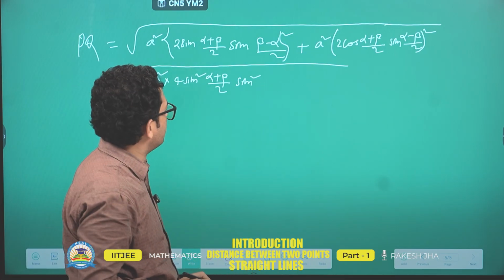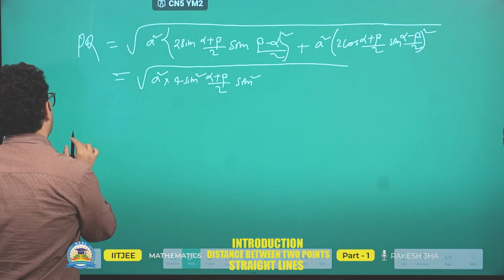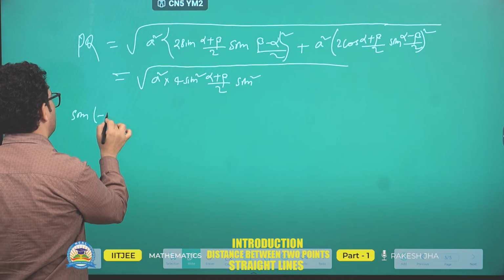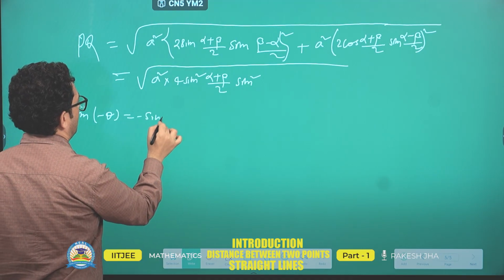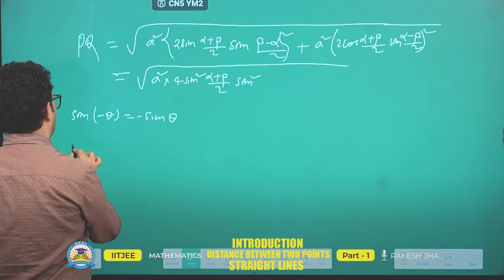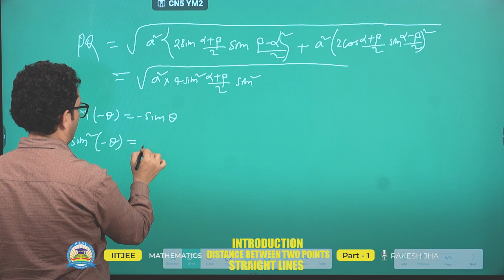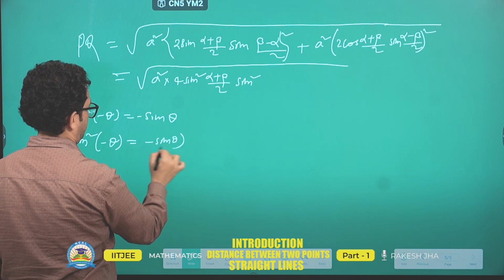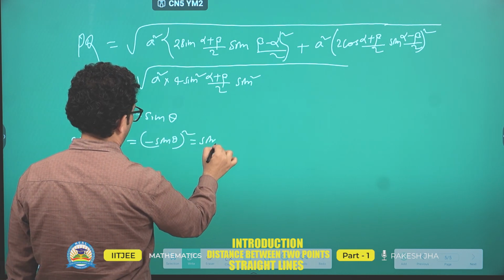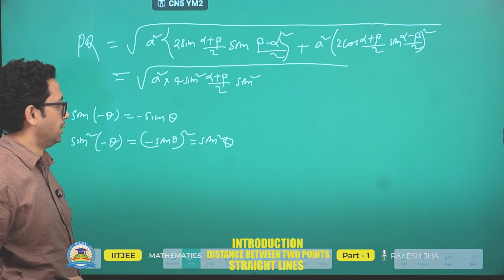Once square is there, so we know the formula sine of minus theta is equal to minus sine theta. But if you go for sine square of minus theta, then it would be minus sine theta whole square, and it makes sine square theta only. So it doesn't make any difference.